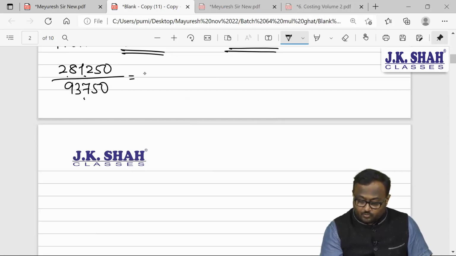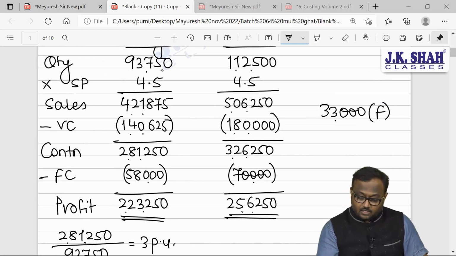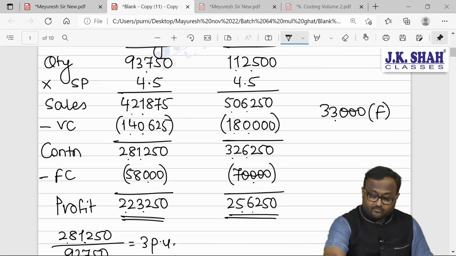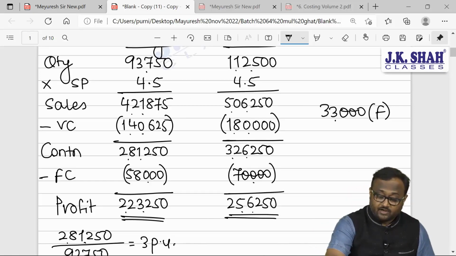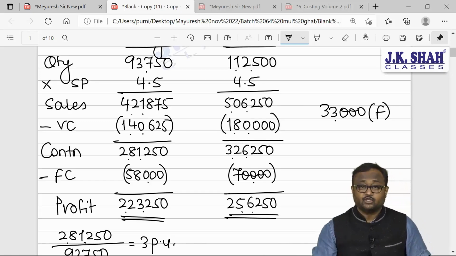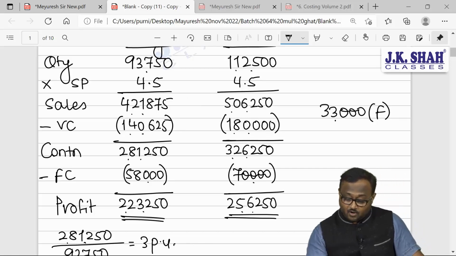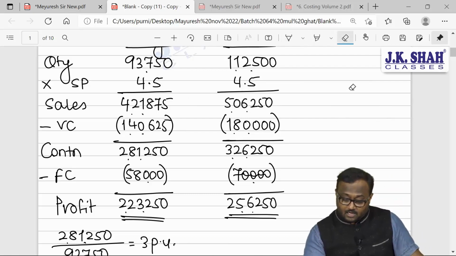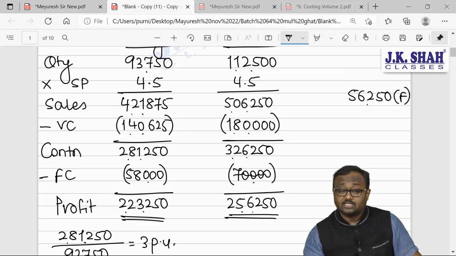So my budgeted contribution is 3 per unit. 93,750 units I had thought of selling, but 112,500 units I have actually sold. So 18,750 into 3, 56,250, but favorable, because since I'm selling more contribution can be earned.